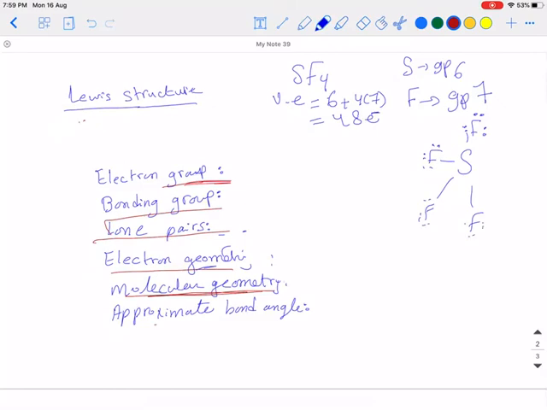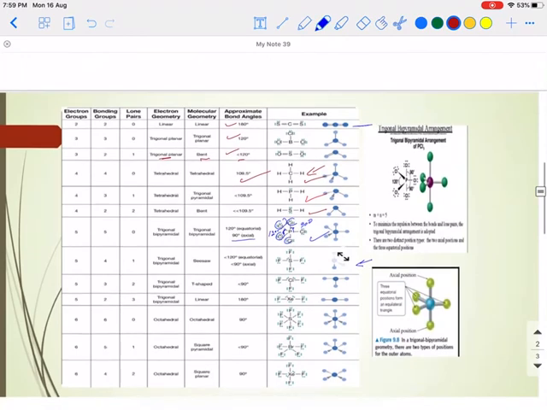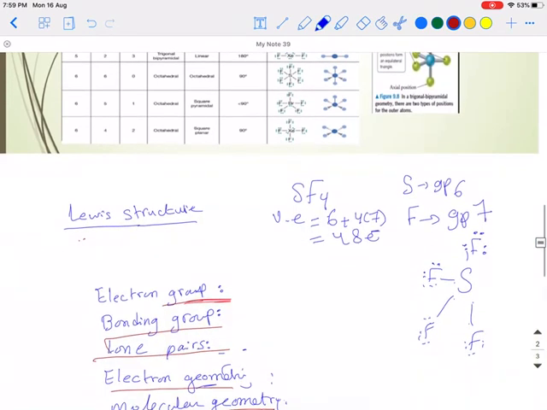Similarly for the rest of F. If you count these electrons, 6 by 4, 24, 25, 26, 27, 28, 29, 30, 31... Wait, there is a mistake. 6 plus 4 times 7, 4 by 7 is not 42, it's 28. 28 and 6 sum up to 34 electrons.